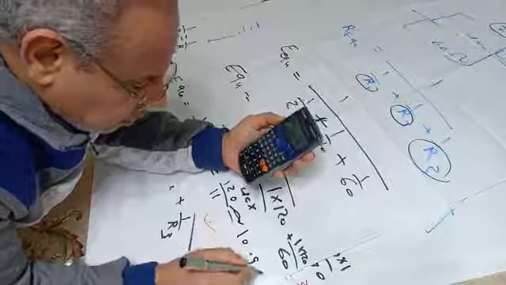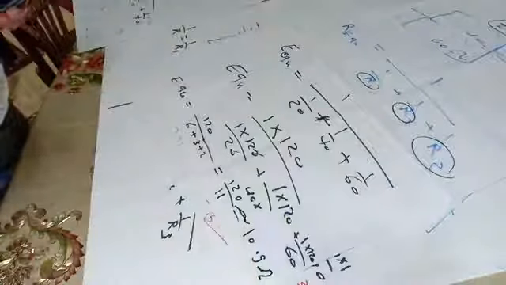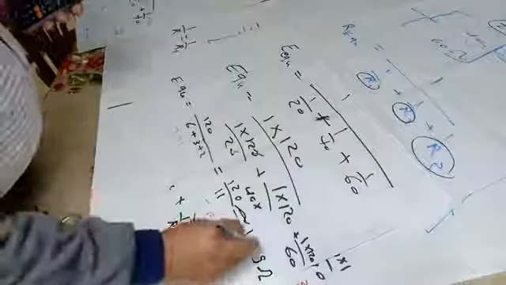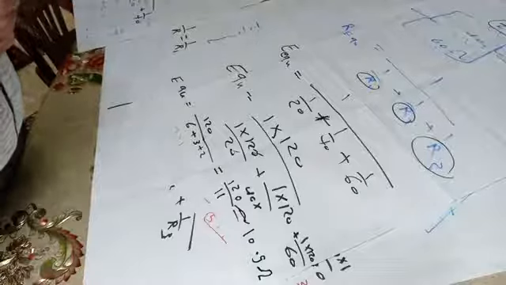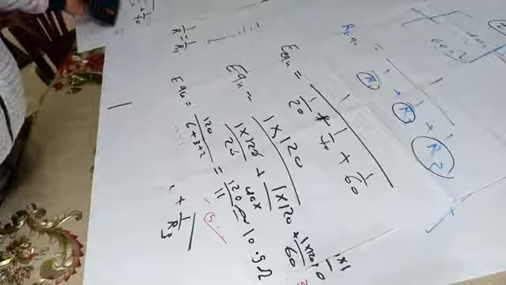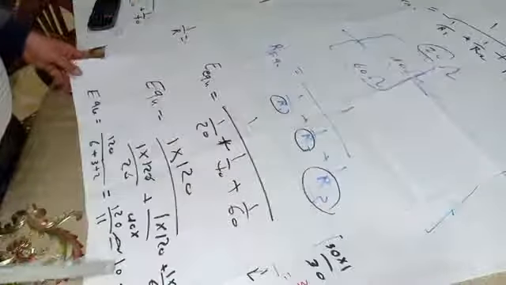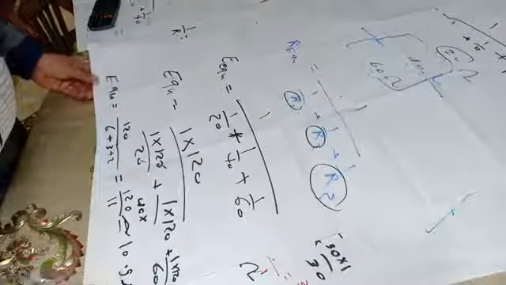If you check this result, it must be less than the smallest resistance equal 20. The equivalent resistance equals 10.9 ohm.